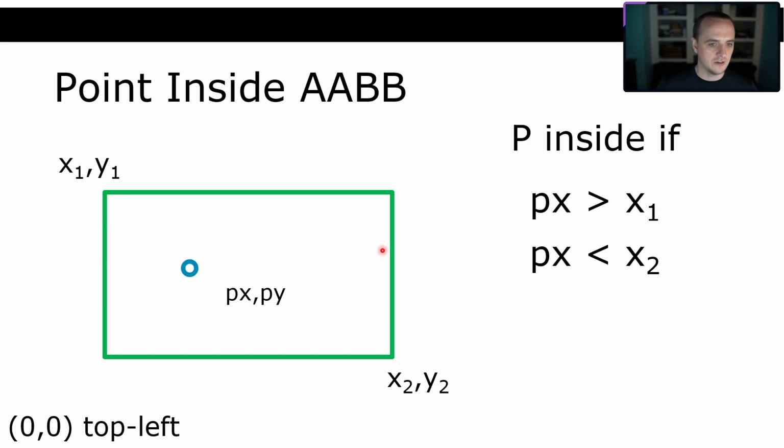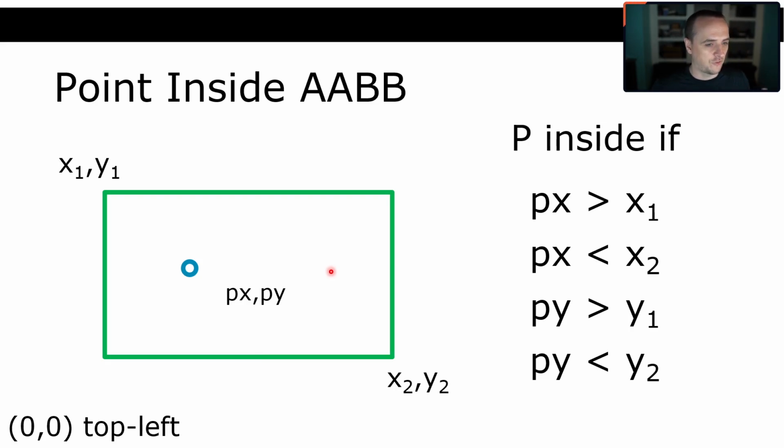So if it's between the two vertical sides of the rectangle, then that's the first half. And also, it has to be between the two horizontal sides of the rectangle. So if Py, which is the y coordinate of the point, is greater than y1, and also if Py is less than y2. And that's it. It's just 4 simple checks to see if a point is inside a rectangle.